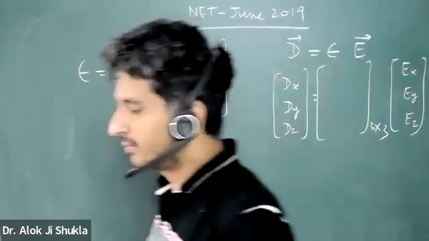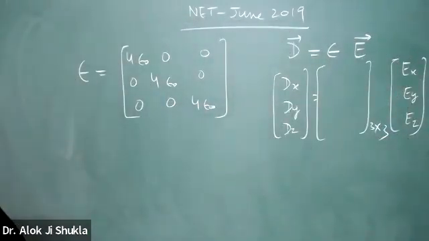We have calculated it for hydrogen atom type problems and all that. Okay. The permittivity tensor of a uniaxial medium is given by this. The medium is anisotropic, so that's why permittivity is not a scalar, but it is a tensor.